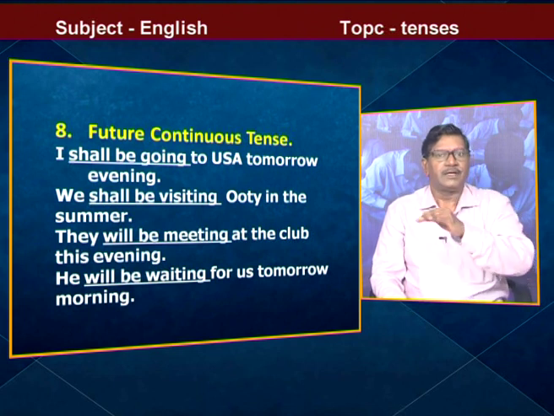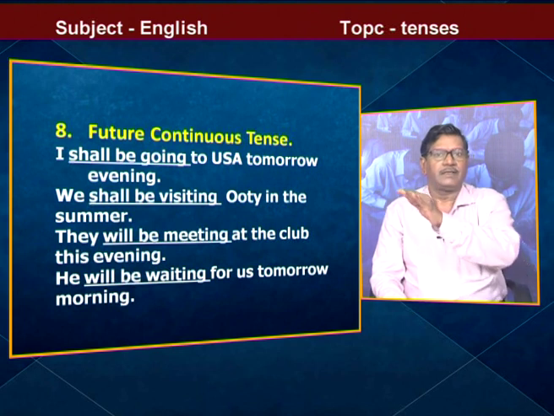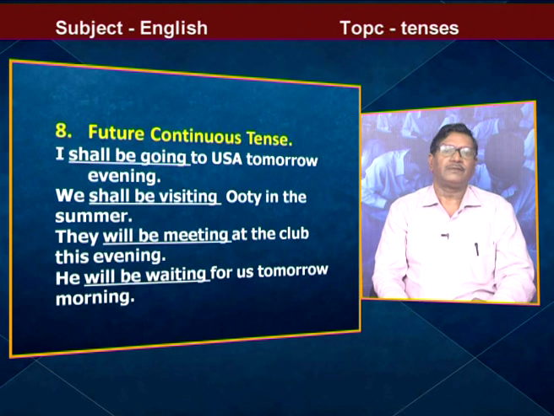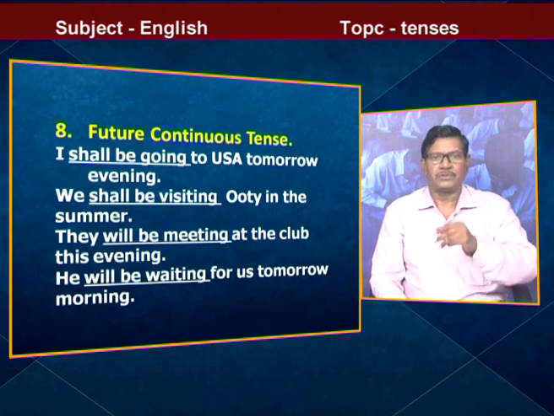They will be meeting at the club this evening. Not now. ఈ సాయంత్రం వాళ్ళు కలుస్తారు. He will be waiting for us tomorrow morning. ఇప్పుడు కాదు వాడు మా కోసం ఎదురు చూస్తుండేది, రేపు ఉదయం మా కోసం ఎదురు చూస్తుంటాడు.